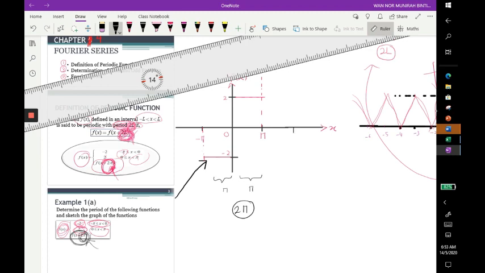So from 0 to π, the limit is each π, right? π here and π here. So you have 2π, 3π, 4π, 6π, whatever. So you just copy the function like this. From here, go up there and like this.